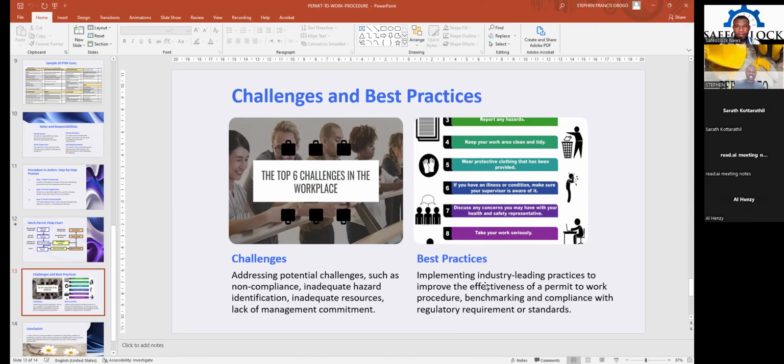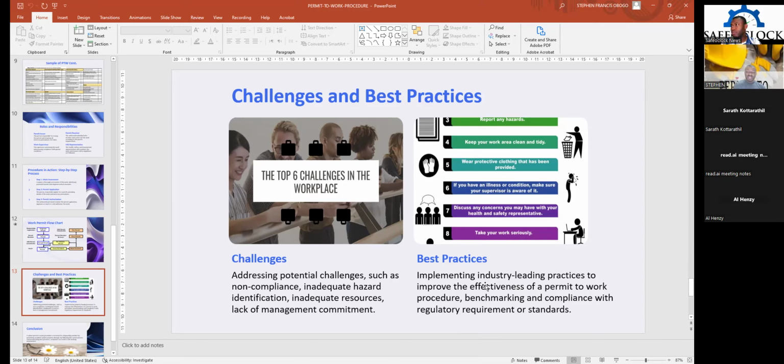Because the truth is that if you find yourself in an organization that doesn't comply with most of the safety requirements, this will form part of the challenges you face, even if you have an existing permit to work system. So if management is not committed, and people are not working in collaboration or in support, then there will be inadequate hazard identification, because it's not one person's job.